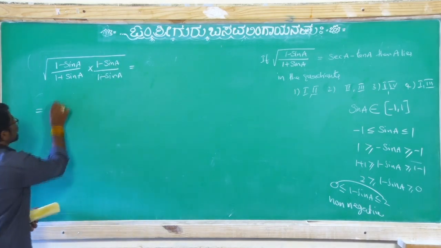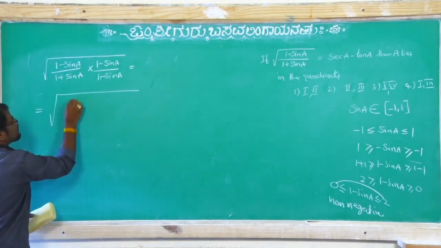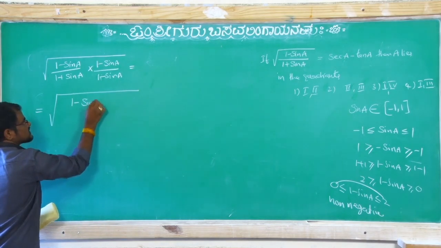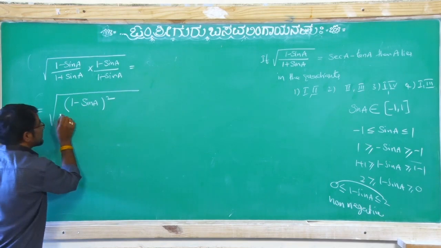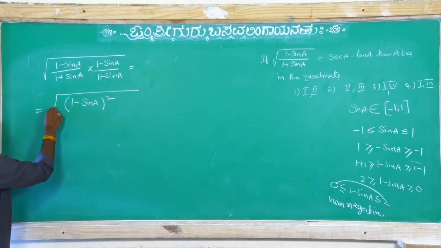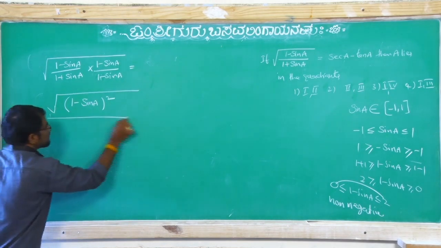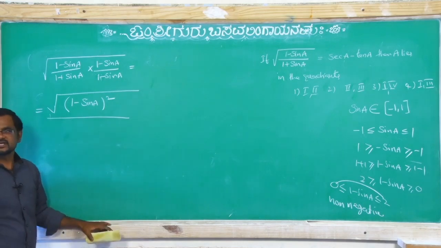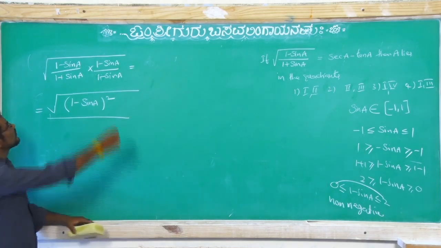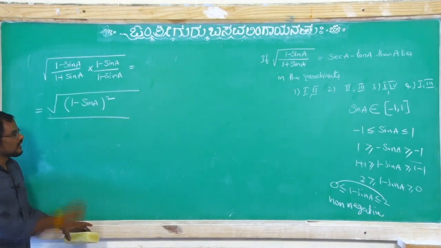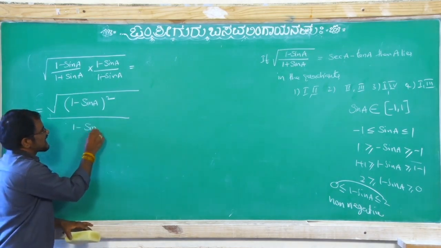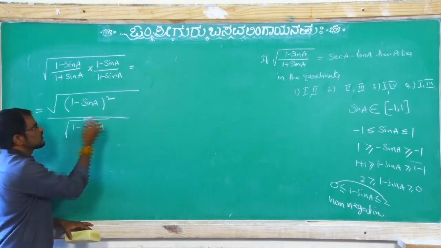Now that is equal to root of 1 minus sin A whole square divided by, can you separate the root? You can separate. Now A plus B into A minus B means 1 minus sin square A. Here also root.